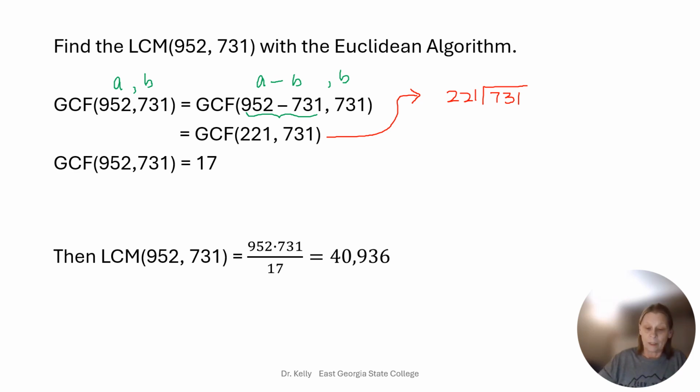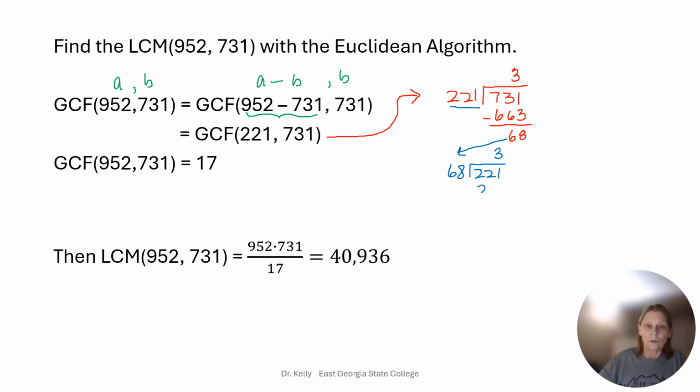How many times does that happen? That's 3 times, giving 663, and we do that subtraction, which leaves me with 68. Then we take the 68, and it divides into the last divisor, 221. 68 goes into 221 3 times.